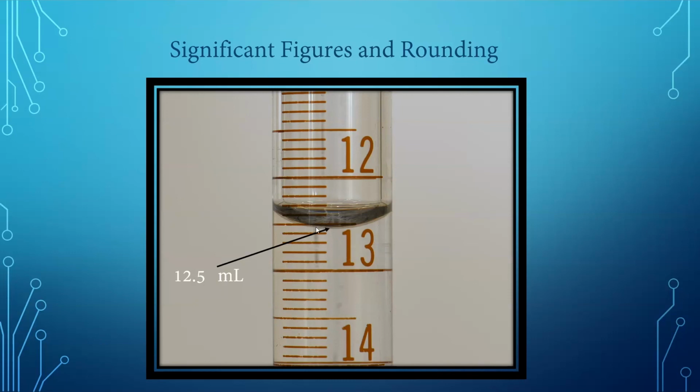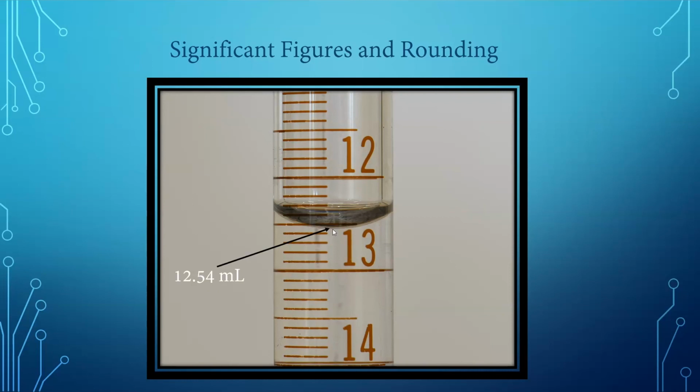Well, we can't be absolutely certain of what our next number is, but we can make a ballpark estimate. It looks like it's somewhere near the middle. It's clearly not 12.51, it's not 12.59, it's somewhere in the middle. To my eye, it looks like it's just a little bit shy of halfway between 12.5 and 12.6, so I'm going to call it 12.54.